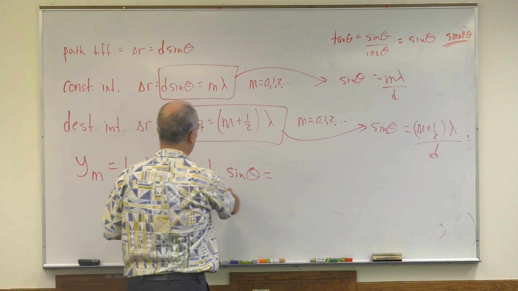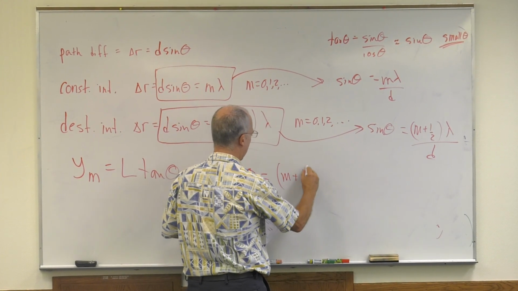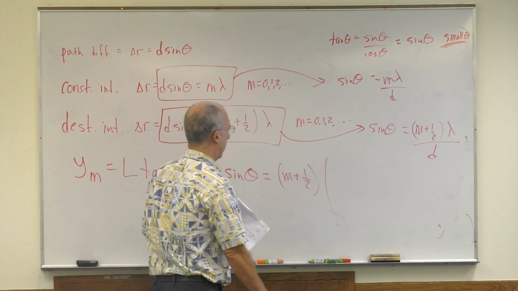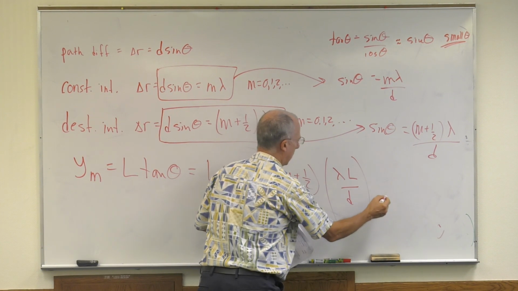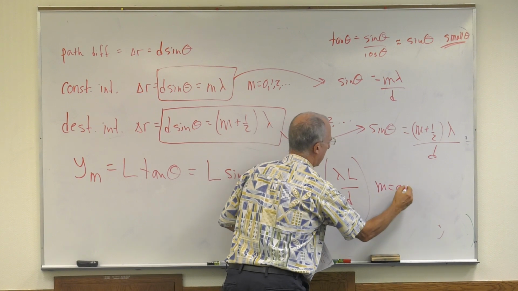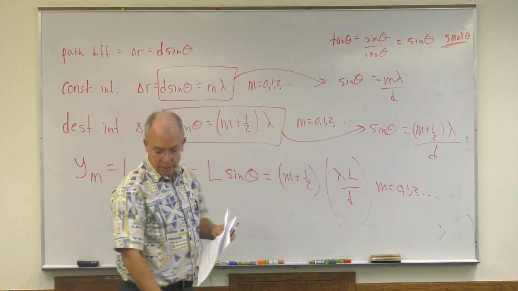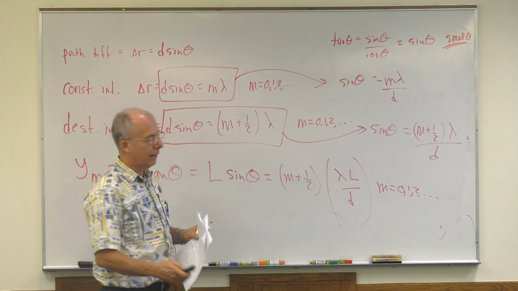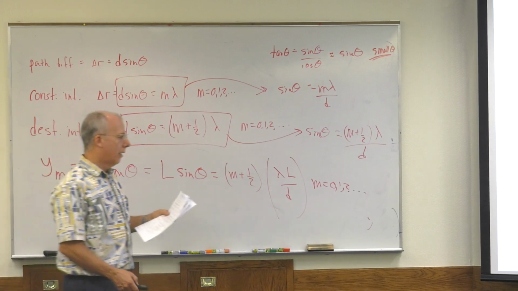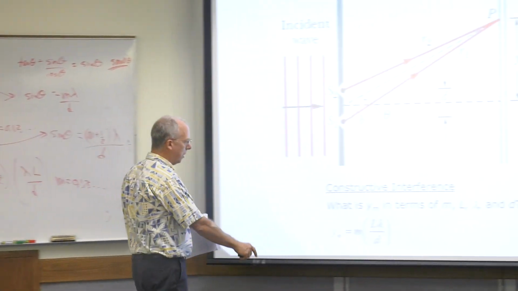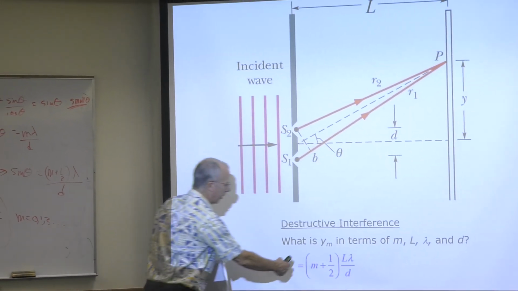Now we plug it in, so we get m plus a half, bring it outside, then you have lambda L over D. There you go. And hopefully you were able to do that. So constructive, just m times this. Destructive, m plus a half times that.